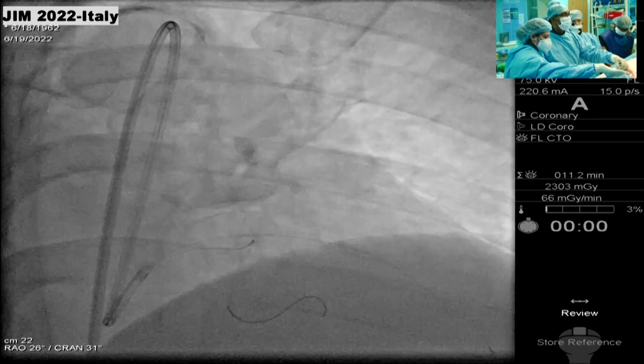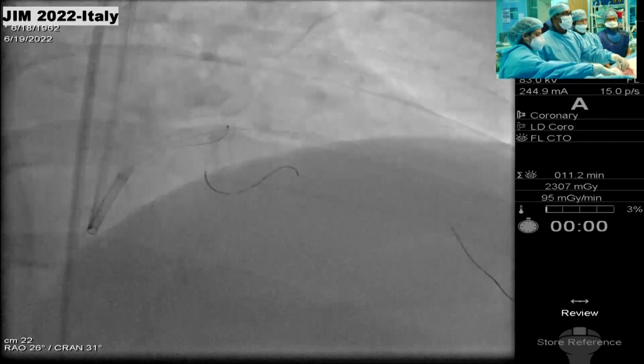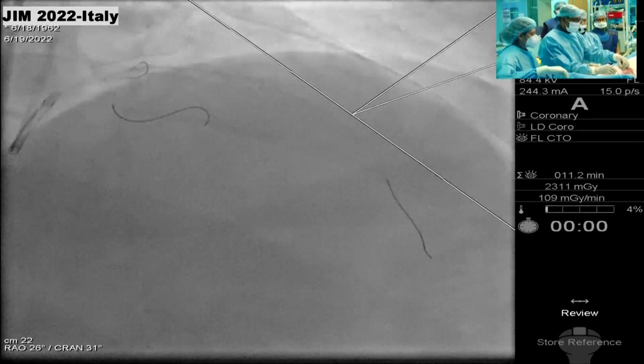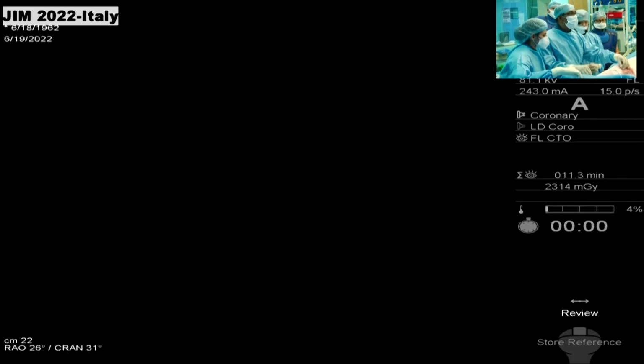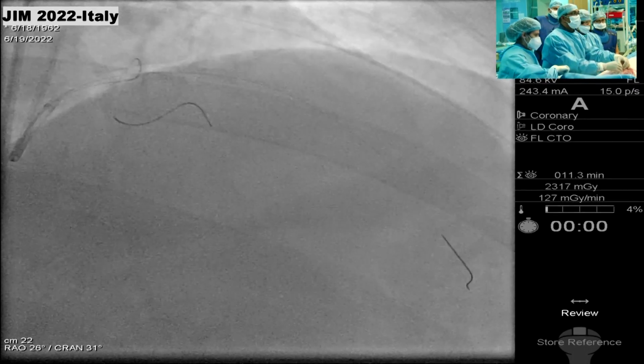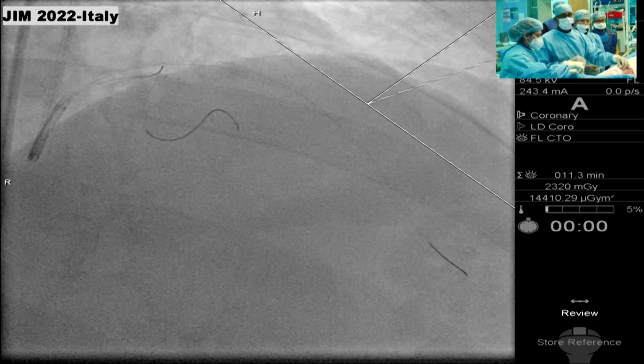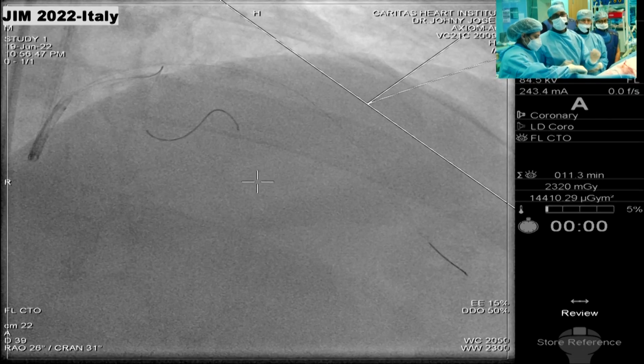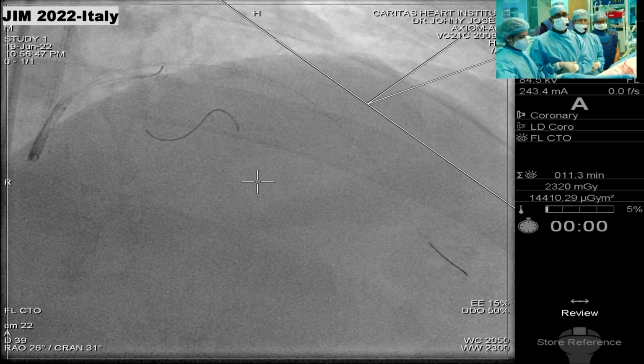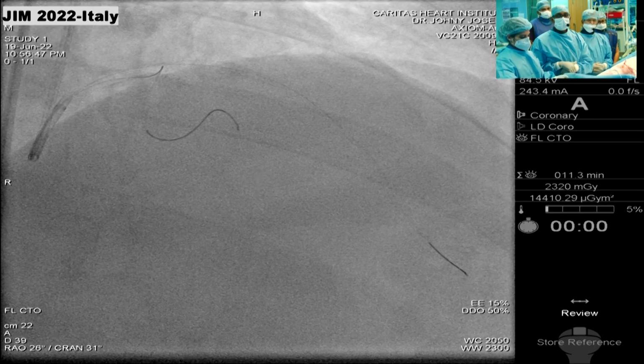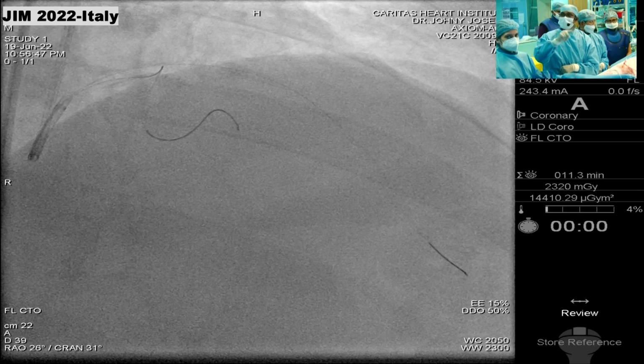There has always been a reluctance among CTO operators in adopting OCT widely, because the power injection required to have good images may sometimes risk enlarging dissections. Here it was so obvious that it was anterograde true lumen crossing that there was no real issue, and OCT is certainly the best technique to assess calcified stenosis.